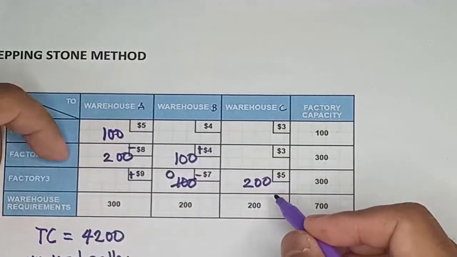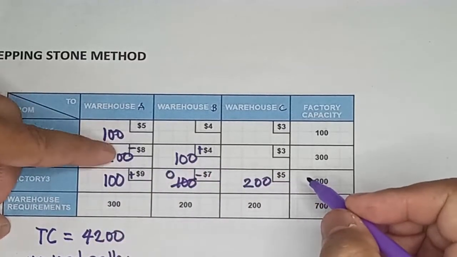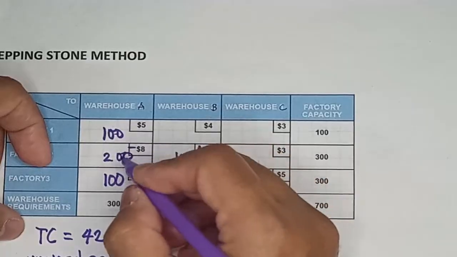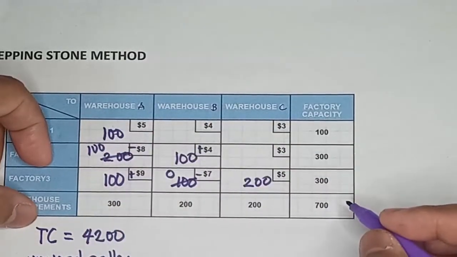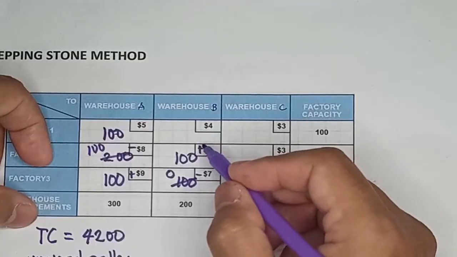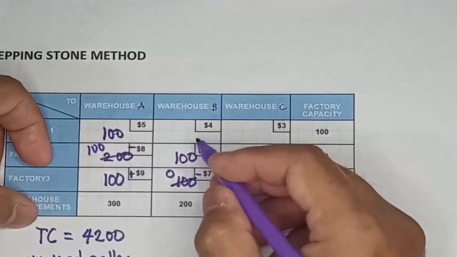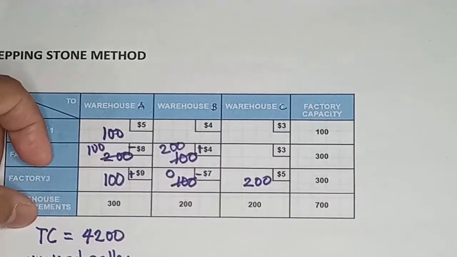This is positive, so it will take 100 units. This is negative, it will give away 100 units, so it will be reduced to 100. This is positive, so it will take 100 units plus another 100, which is equivalent to 200.